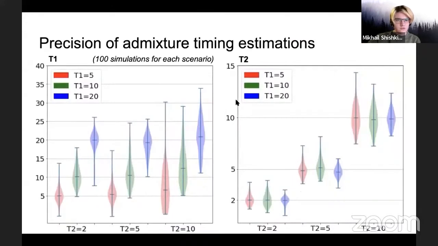And let's look at the precision of admixture timing estimations. Here we can see estimations for T1, the time between the two admixture events, and T2, the time to the most recent admixture event.